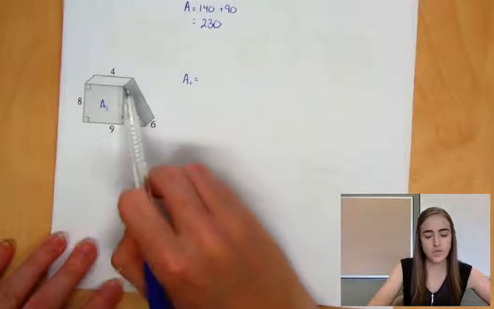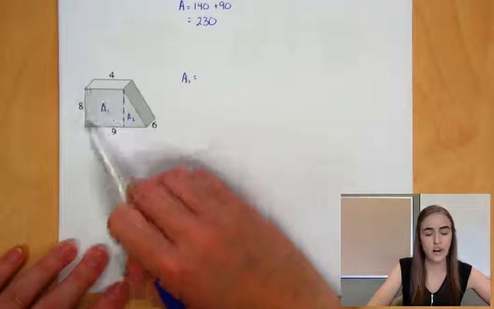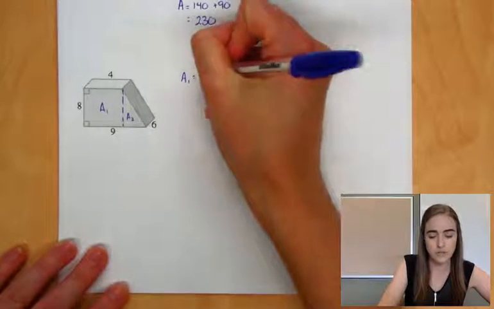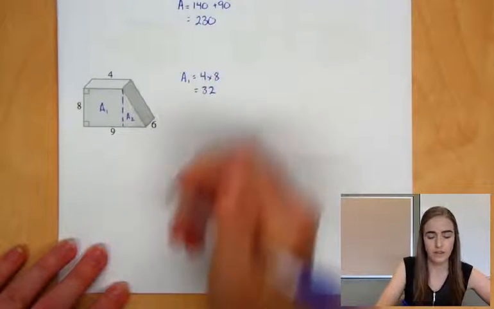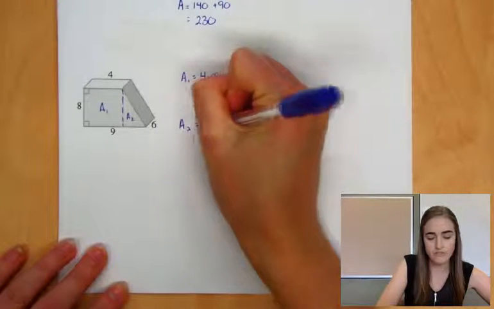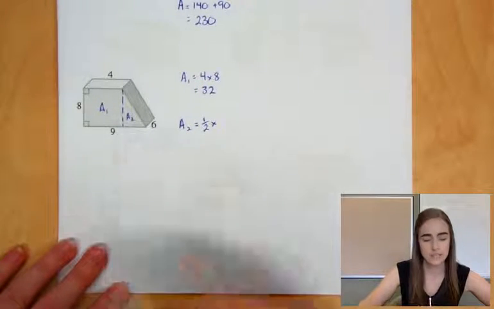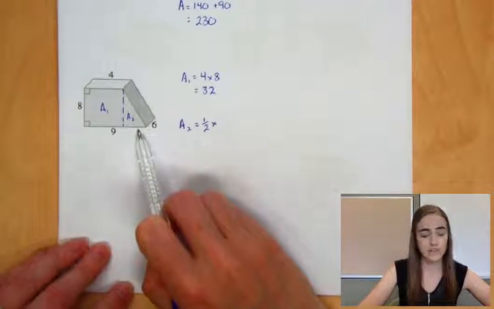So for this rectangle here, we know that that distance along the top there is 4, and we know that the height there is 8. So we'd have 4 times 8, which would give us 32. Now for that triangle, it's going to be half times the base times the height. This distance along the bottom here, we're not given that, but we can find it out.